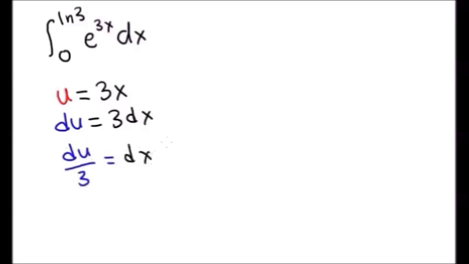Today we're going to be doing a simple use substitution. The integration will go from 0 to ln of 3 of e to the 3x dx. First we'll set u equal to 3x, which would mean that du will equal 3 dx. Switching this around, we can then have du over 3 equal to dx.